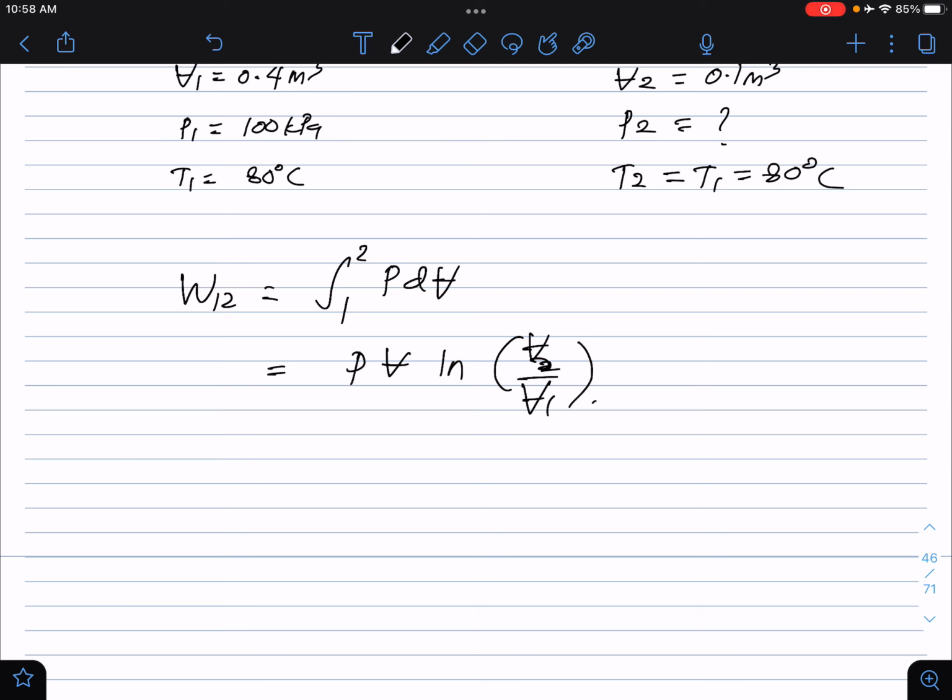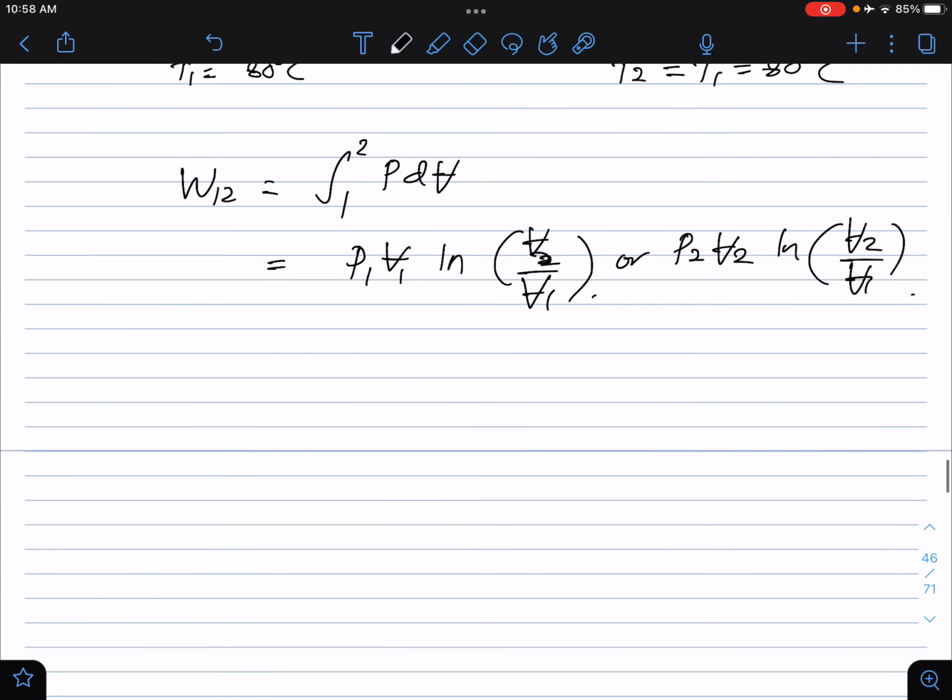So you can use either P1 V1, or you can also use P2 V2, ln V2 over V1. It doesn't matter. If you use P1, you need to use V1. If you use P2, you need to use V2, because this is based on the relation of PV over T equal to PV over T.